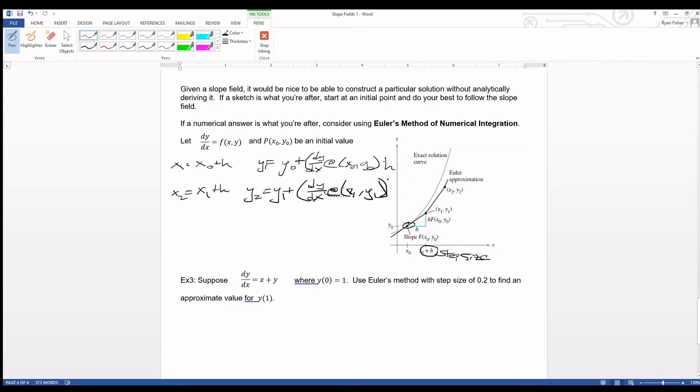And again, multiply by the step size, because that's how far we're going to walk along this way. Then it gets to the second point. And then we can keep going, if you want to do this n times or whatever, until you get to the x value you're looking for.